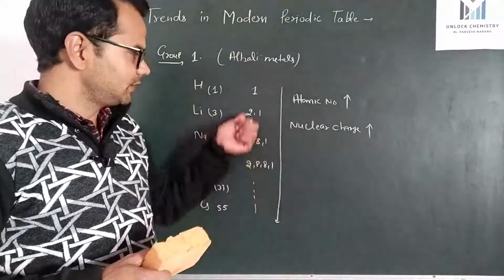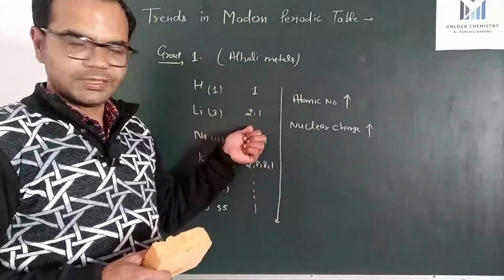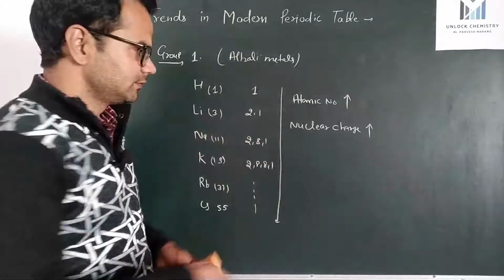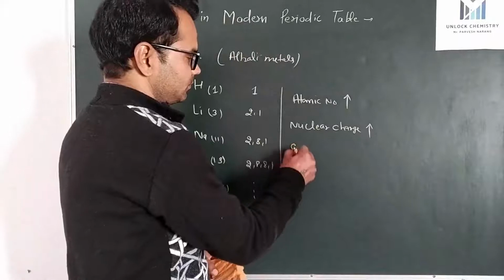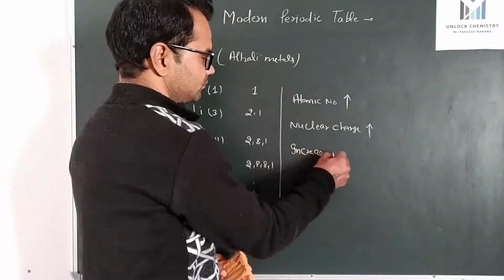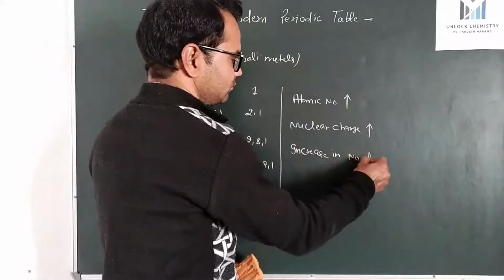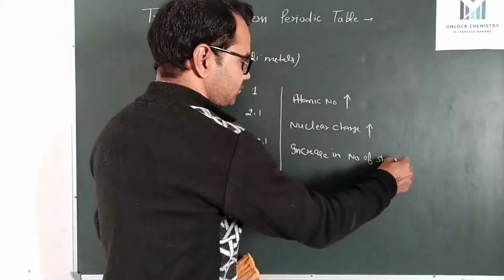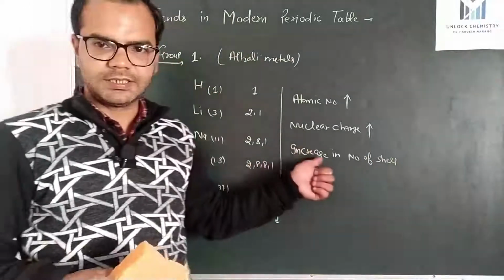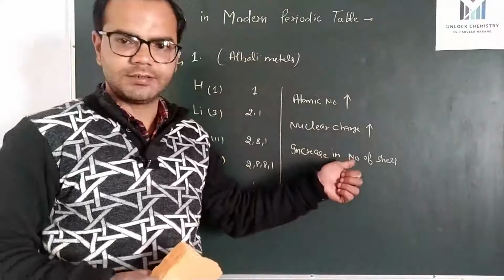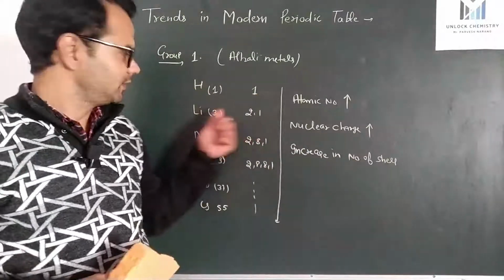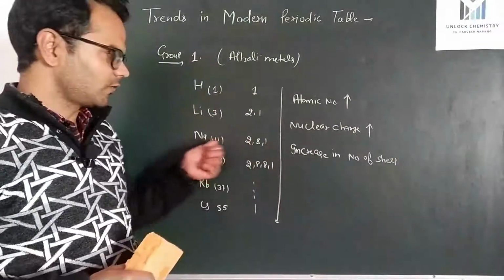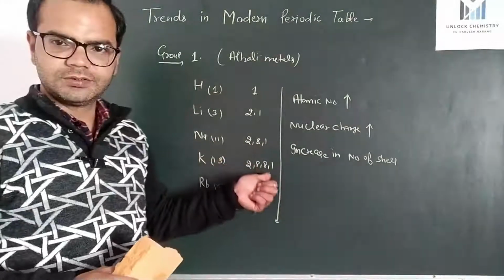in a group, there is an increase in a number of shell. One shell is extra. Hydrogen contains 1 shell, lithium contains 2 shells, sodium contains 3 shells, potassium contains 4 shells.